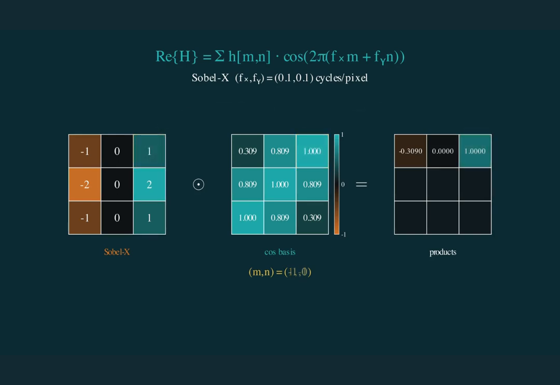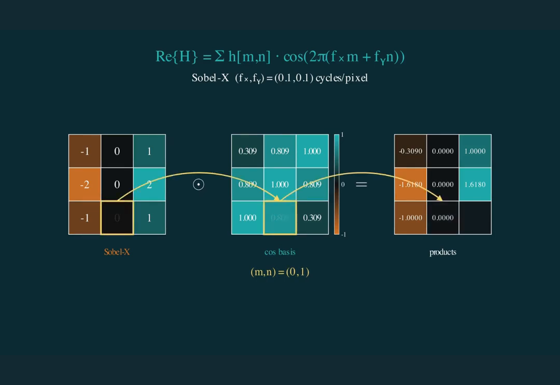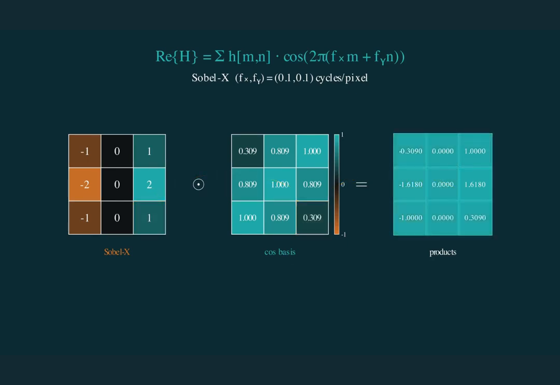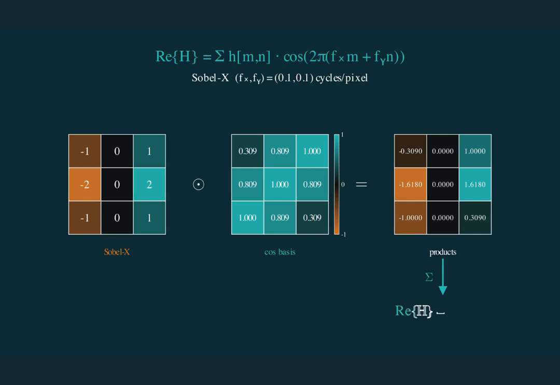And to illustrate the importance of the imaginary part, let's consider not the averaging filter, but, as you're seeing in this animation, the Sobel X-kernel. And again, we're considering this for a frequency of 0.1, 0.1, so a relatively rapidly varying sinusoidal field. And notice that the Sobel X-kernel is anti-symmetric about the vertical direction.